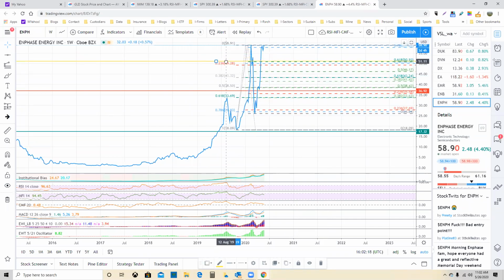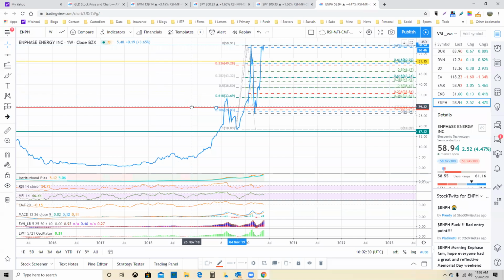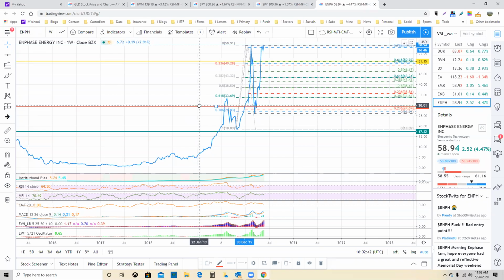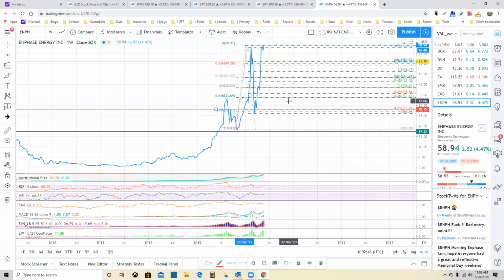So if you're really being risk averse, about 50-51. Really being risk averse. I mean, come on. Is it really going to get back into the 20s? I don't want to say that it's going to. That's a pretty good floor right there, isn't it? All those levels right there.